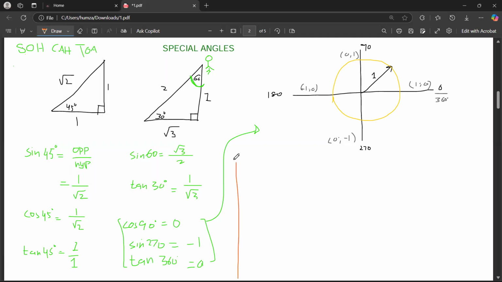Now let's start from this side. We say simplify without using your calculator.